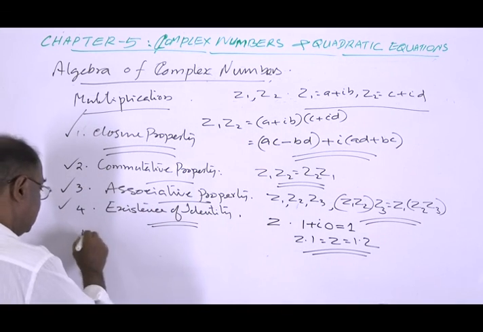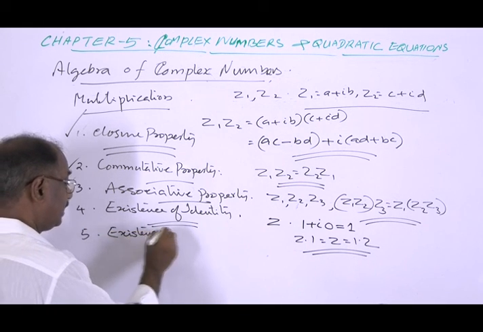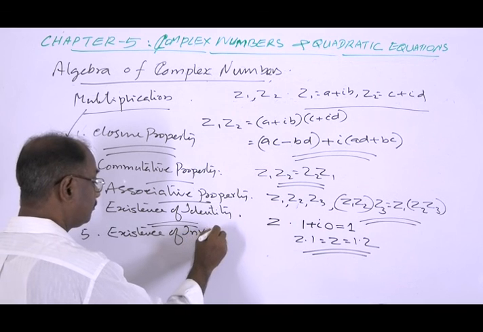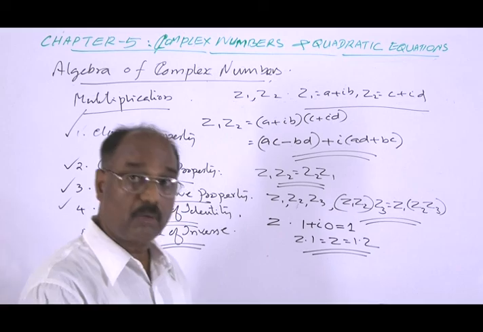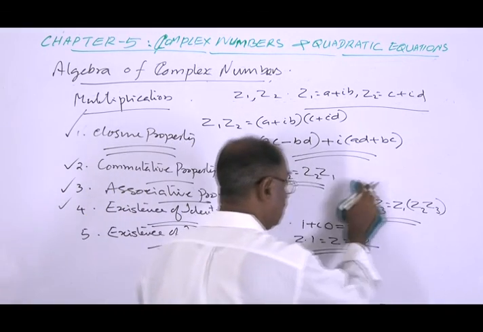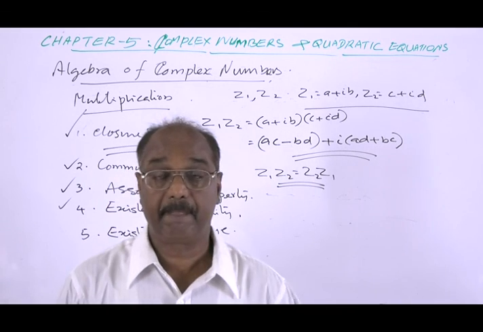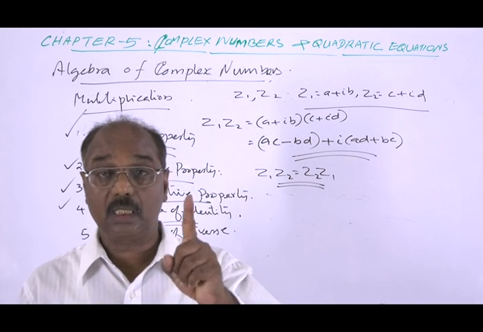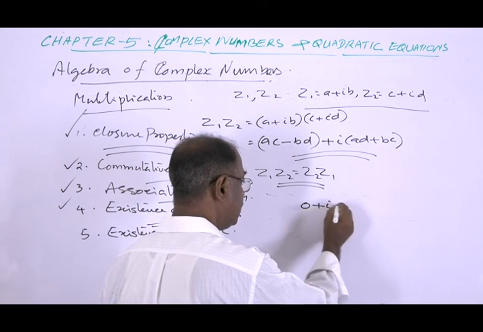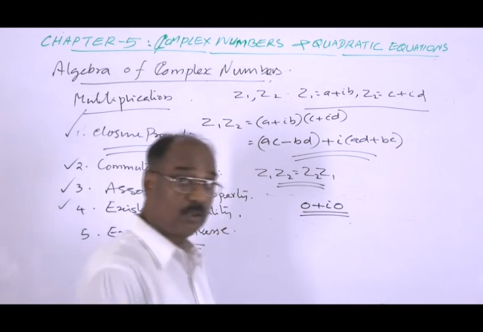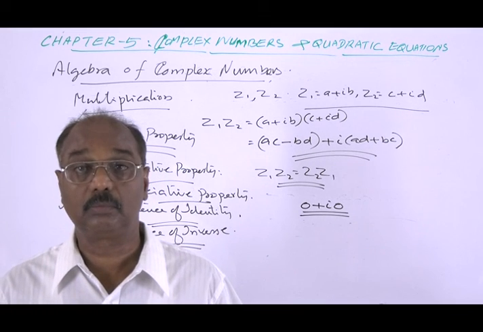And then next is the existence of inverse. That is, whether an inverse exists for all complex numbers. So consider the collection of all complex numbers. Now there is a particular special complex number, 0 plus I into 0, which is the zero complex number, the real number 0, which is also the complex number 0.